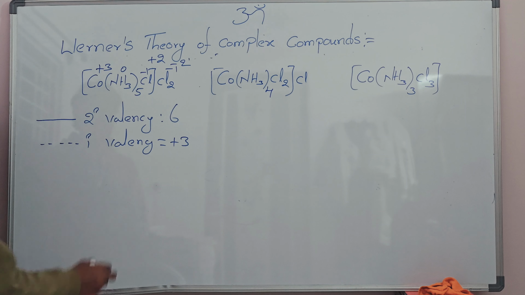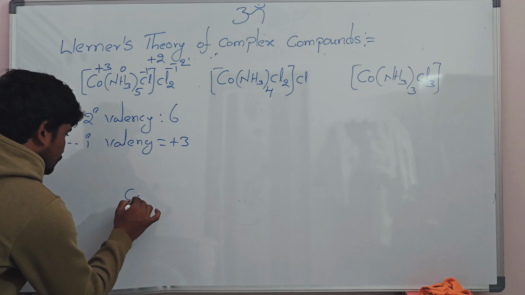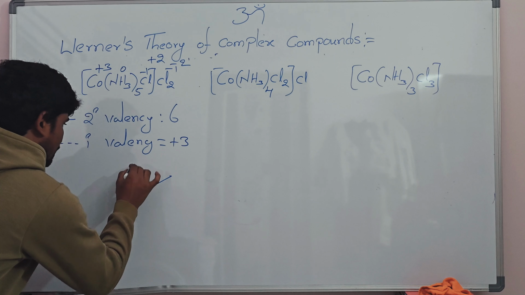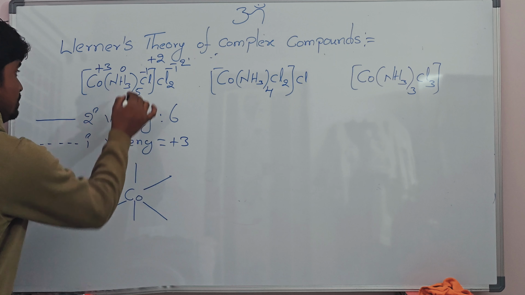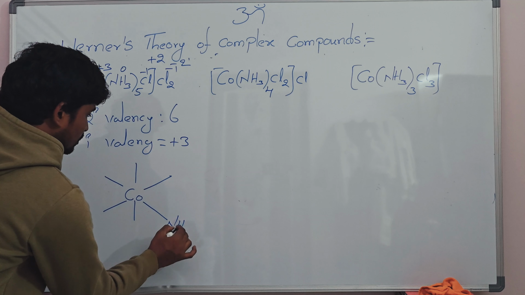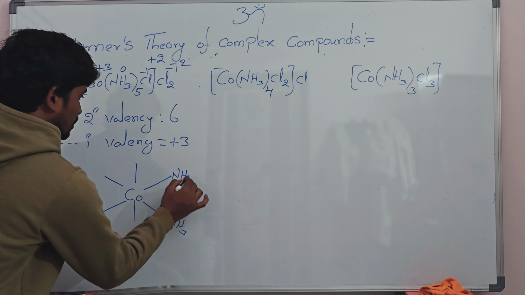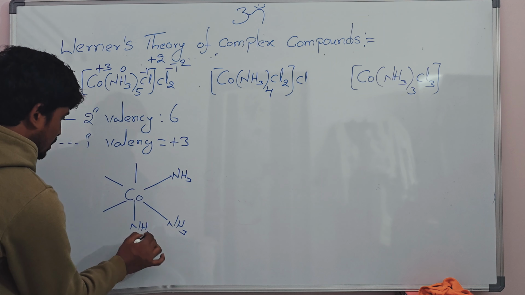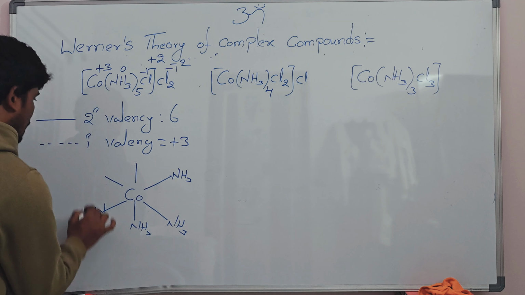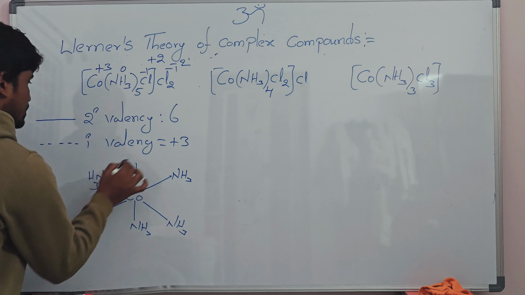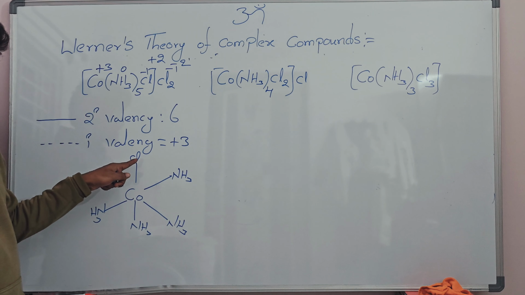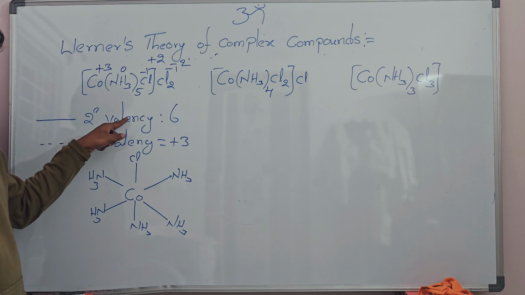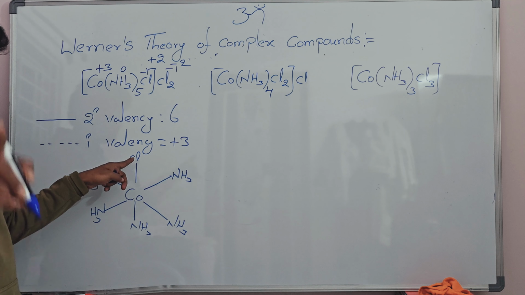Now I am representing Co. Six ligands are present: NH3, NH3, NH3, NH3, NH3 and Cl. One more important point here: this Cl acts as a secondary valency, and it is also balancing the primary valency.